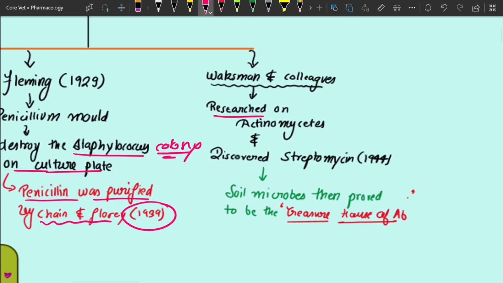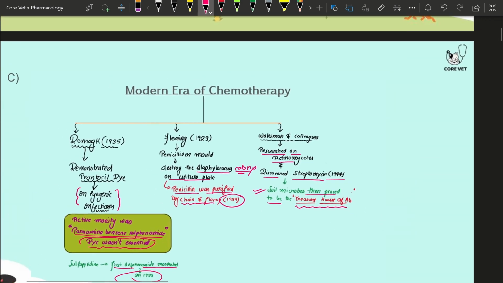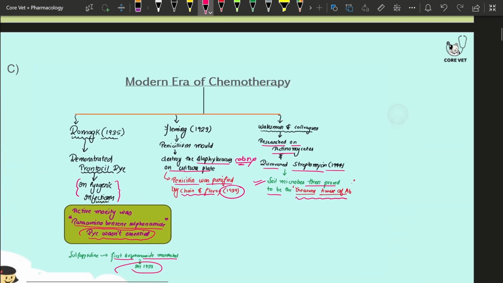Coming to Waksman, he researched the actinomycetes and discovered streptomycin in 1944, and soil microbes were then proved to be a treasure house of antibiotics. You should know that soil microbes or actinomycetes are termed the treasure house of antibiotics by Waksman and his colleagues.